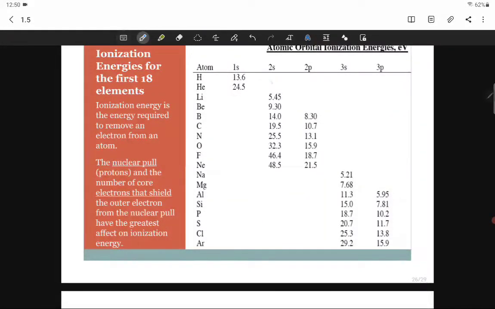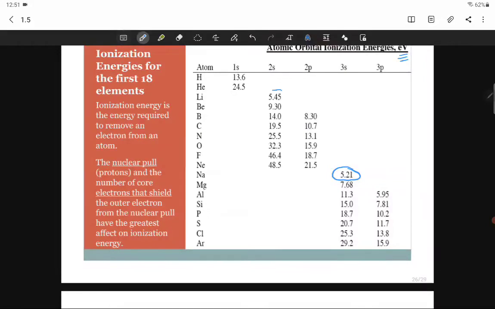What's the lowest number on this list? Oh, right here. It requires only 5.21, whatever that voltage is. We'll just call it energy. 5.21 energies to get rid of 1 electron of sodium.